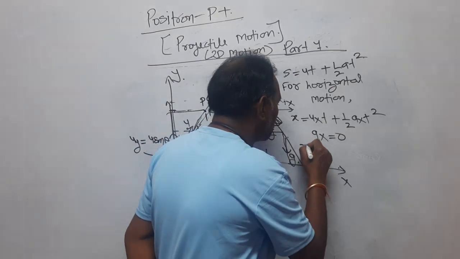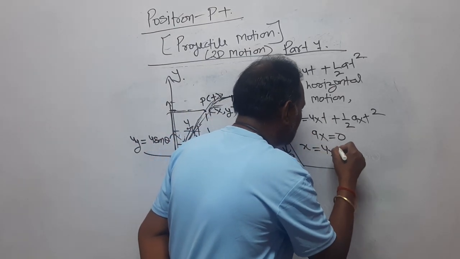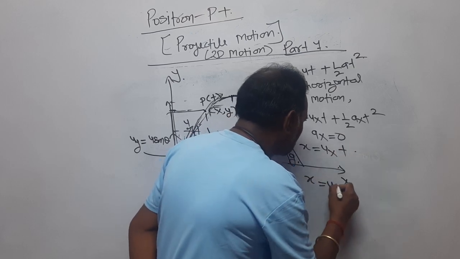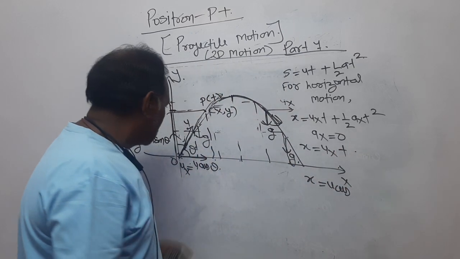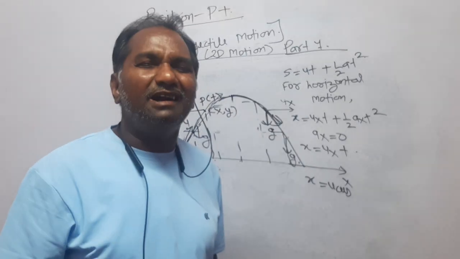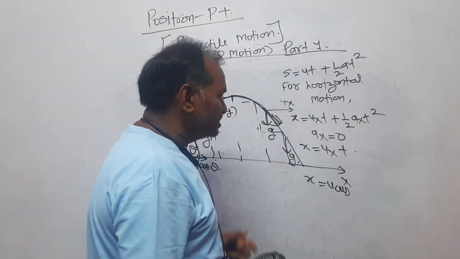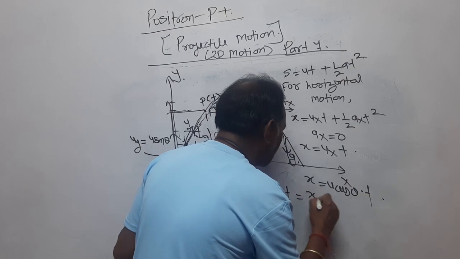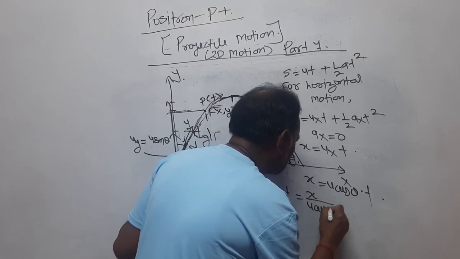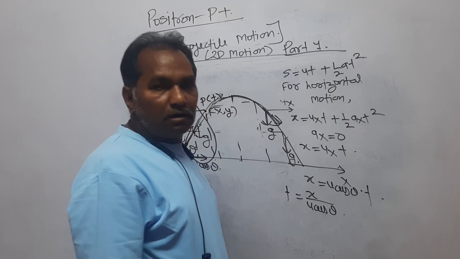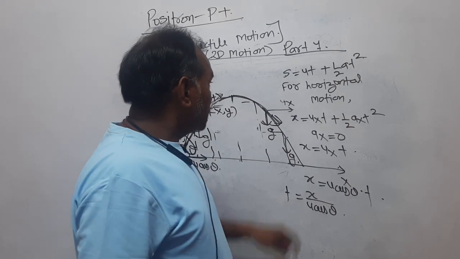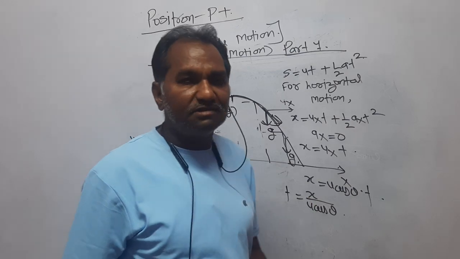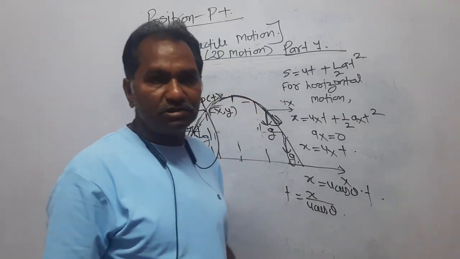So it becomes x equal to ux into t, and ux, the initial horizontal velocity, or anywhere the horizontal velocity, is actually u cos theta, into t, or t is equal to x upon u cos theta. Dear students, what we have got is x equal to u cos theta into t, or you might replace t equal to x upon u cos theta.